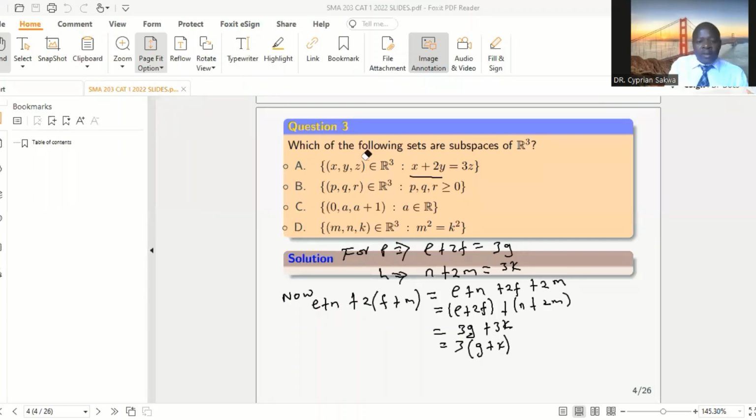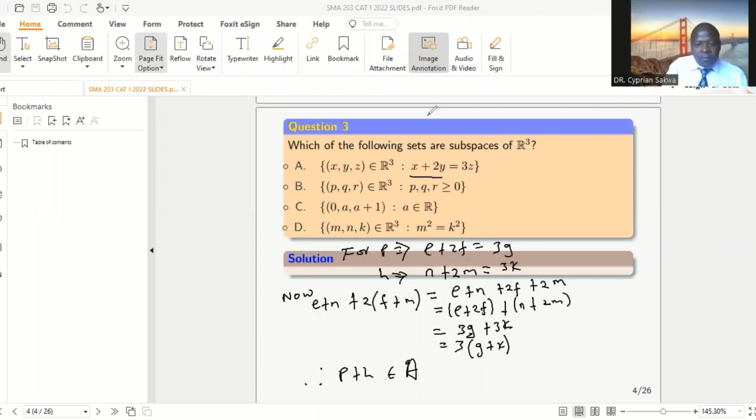That means that P plus H is in set A. So we've shown that A is closed under addition. We want to show that A is also closed under scalar multiplication.